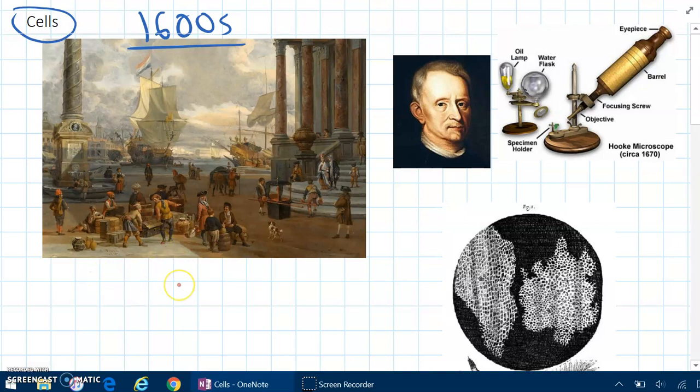And one thing that people were developing were the first microscopes. So you can see a picture here. This is a microscope that a guy called Robert Hooke invented.